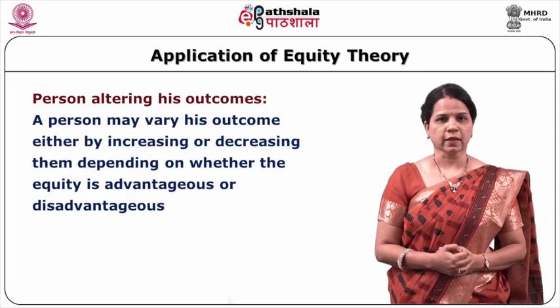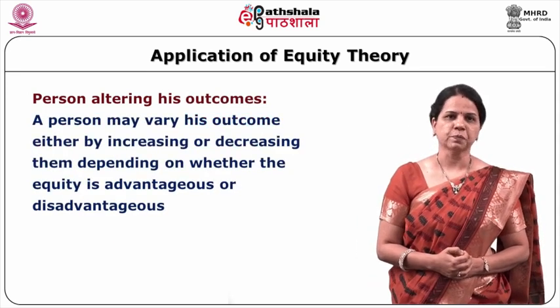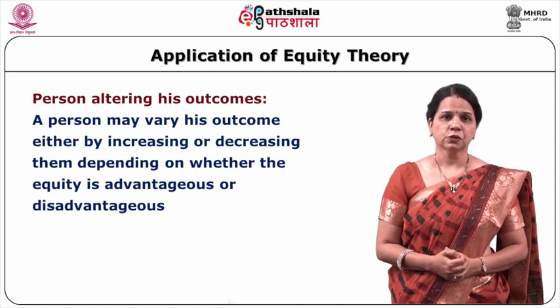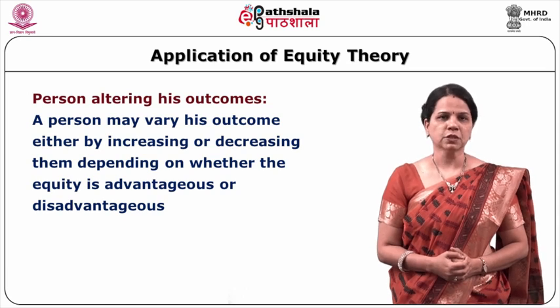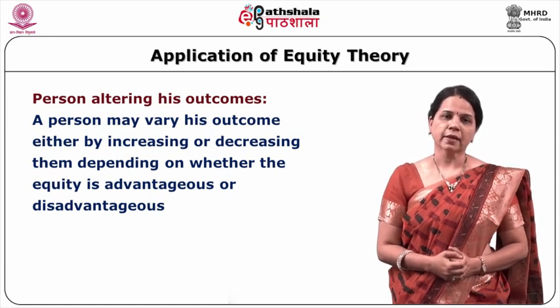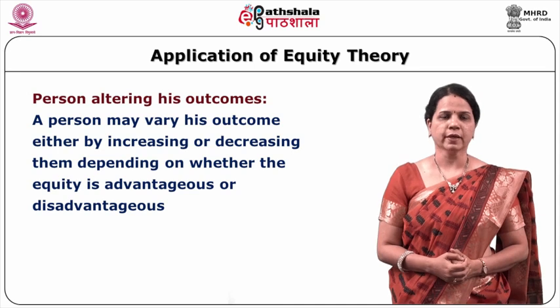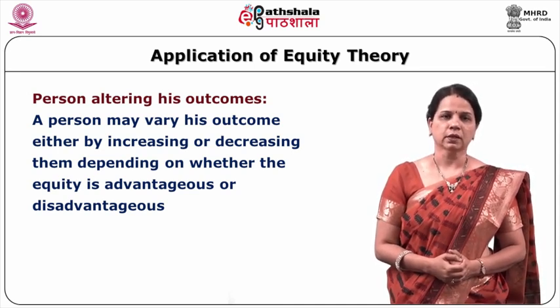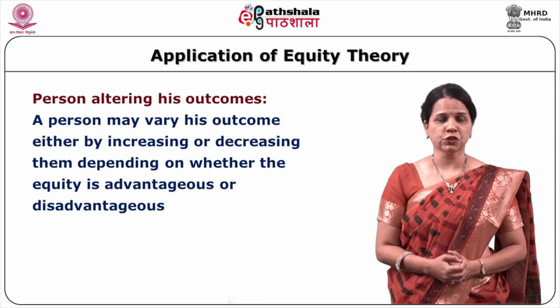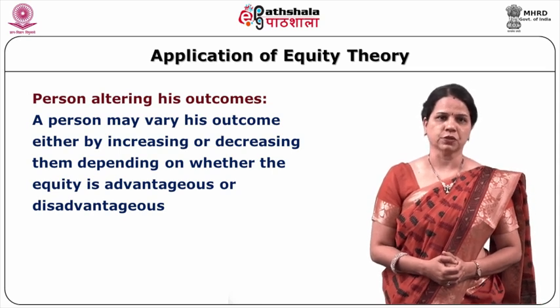Let us see the second inequity reduction method. Person altering his outputs. A person may change his outputs by either increasing or decreasing them depending on whether the inequity is advantageous or disadvantageous.